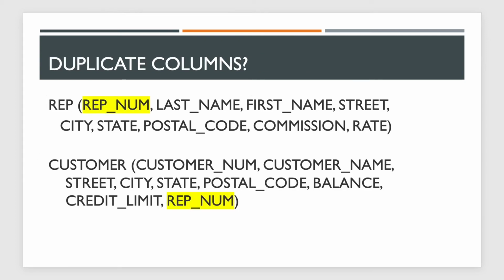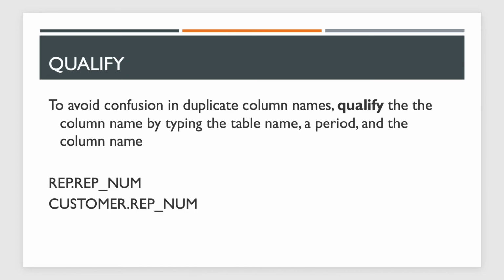Now, what happens if we have a duplicate column name? So we have a rep num in the rep table, and we have a rep num in the customer table. We know they're related, but how do we properly identify which rep number we're talking about? So in our code, we'll do this by qualifying the column name.